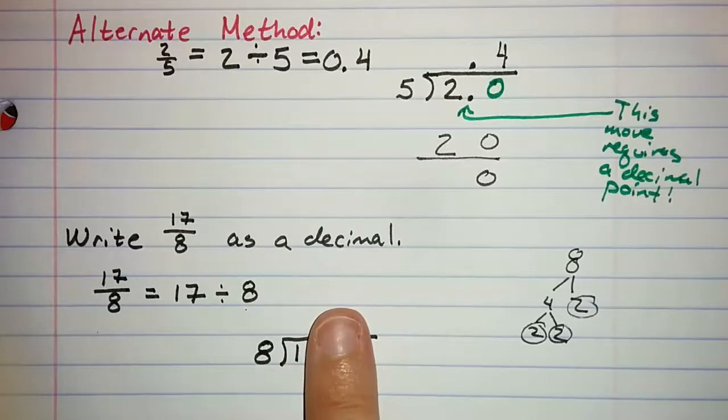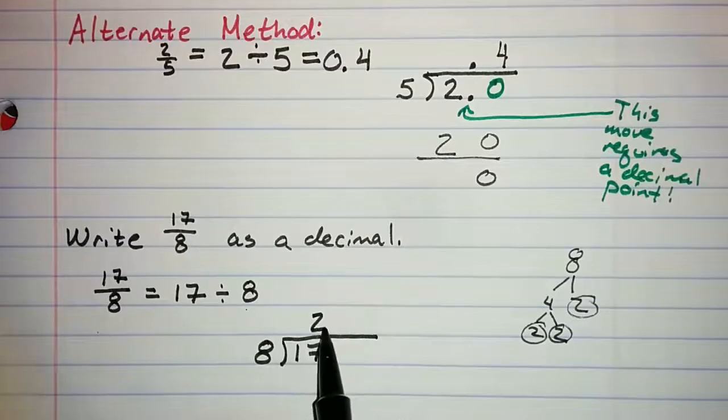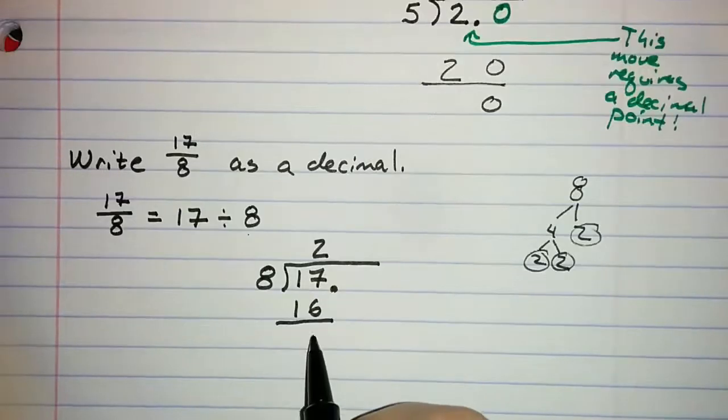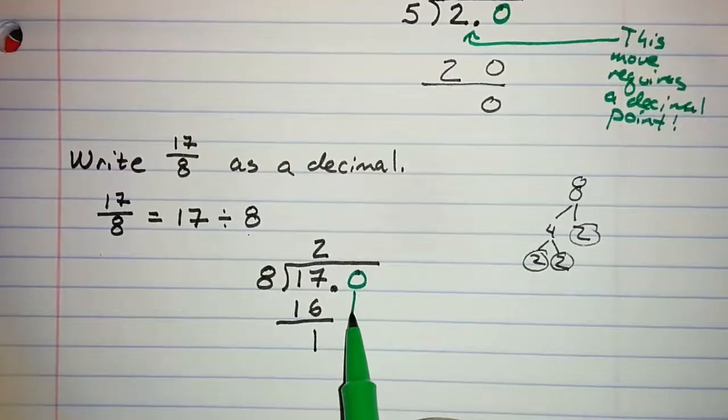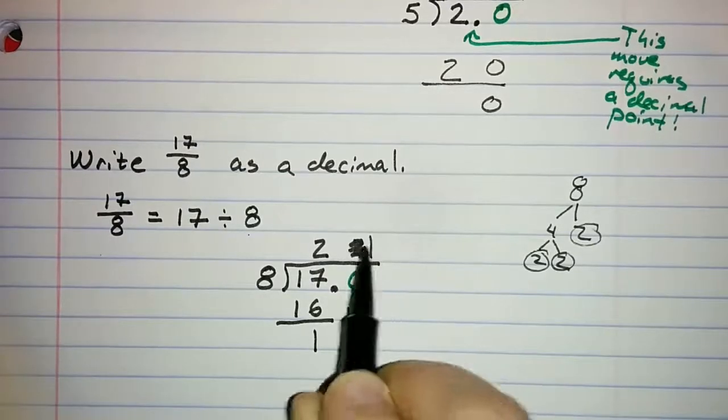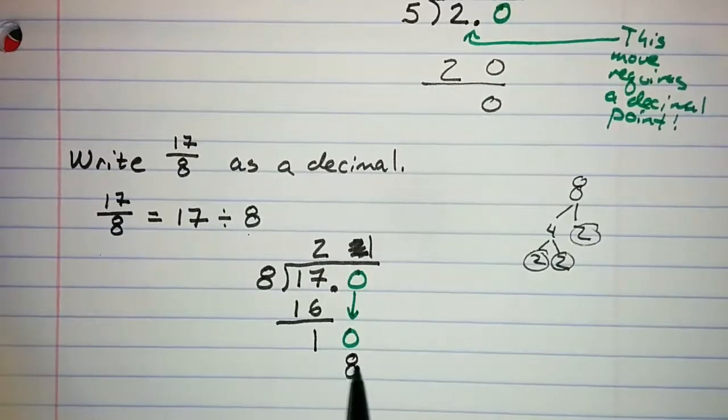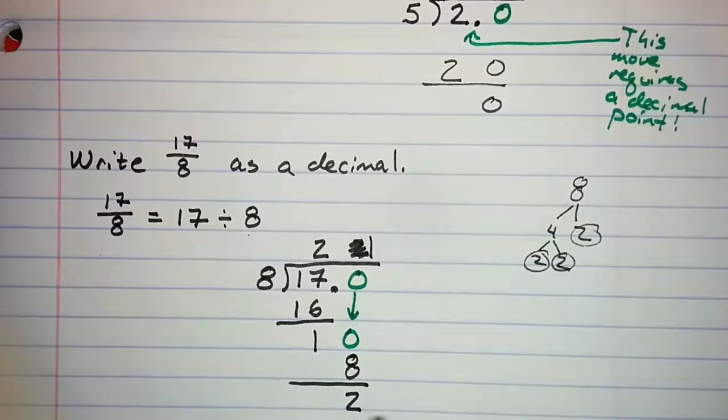8 goes into 1 not at all. It goes into 17 twice, as 2 times 8 is 16. 17 minus 16 is 1. And now we'll bring in a 0 to the right of the decimal point. 8 goes into 10 once, as 1 times 8 is 8, with 2 left.